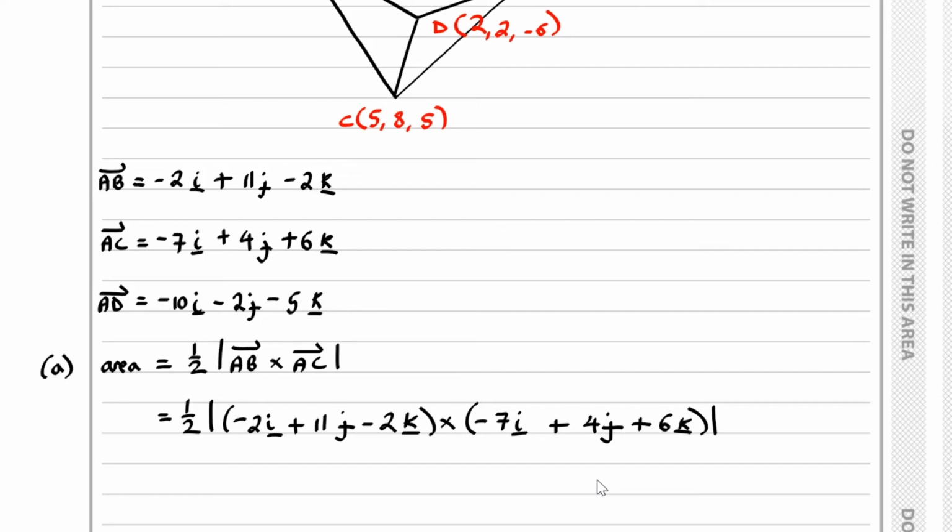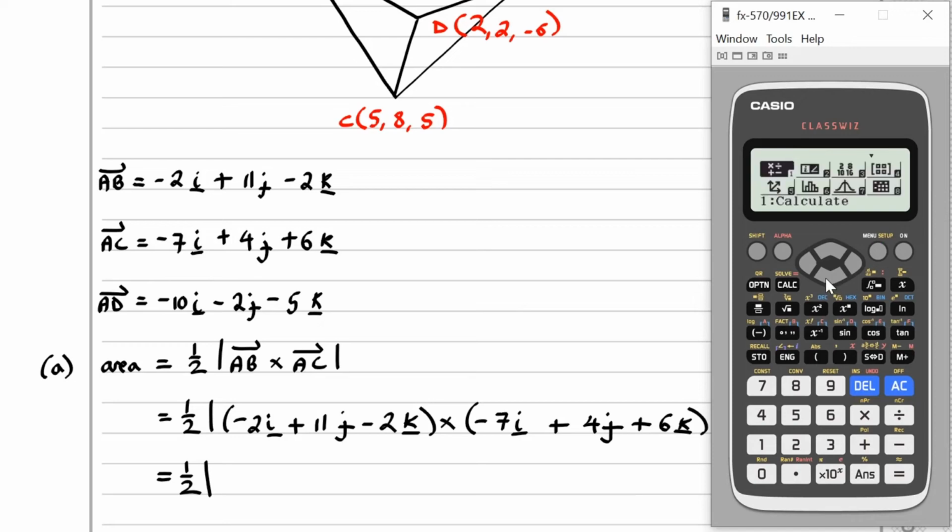Okay, and if we multiply those together on your calculator, we can do this quickly. Defining vector A, we have minus 2, 11, minus 2. Defining vector B, we have minus 7, 4, 6.